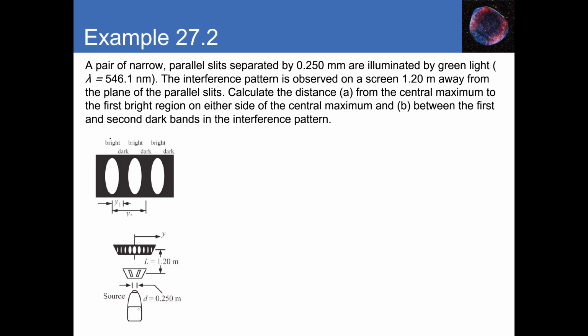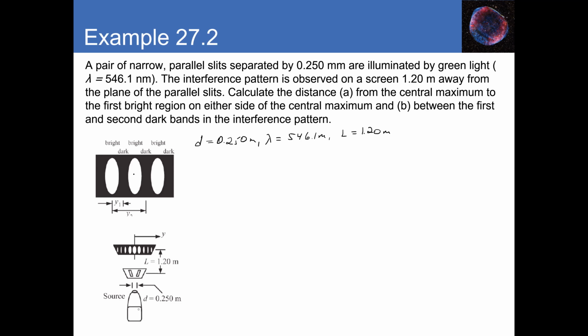So what we're given here is D equals 0.25 meters, wavelength equals 546.1, L is equal to 1.2 meters. And what we want to find for part A is the distance from the central maximum to the first bright region.